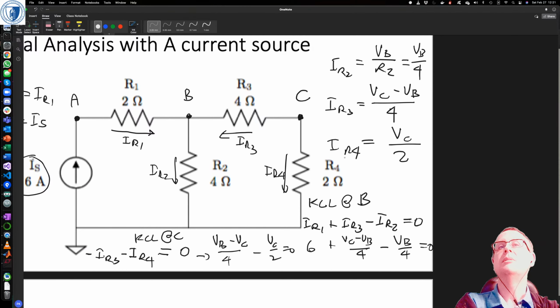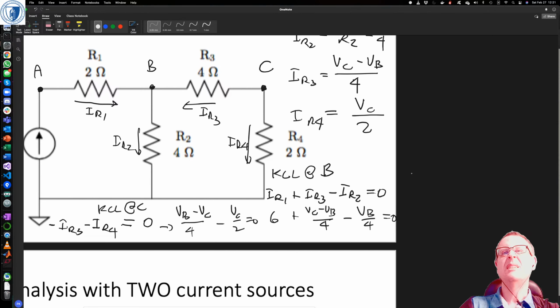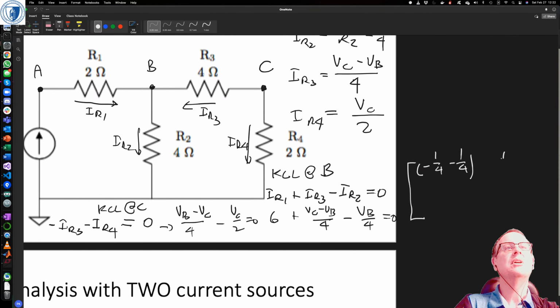And then let's grab the white pen over here so we can write out our equation. For this one, there's going to be a minus 1/4 minus 1/4 times VB, there's going to be a quarter VC, and there's going to be a minus 6 on the other side.